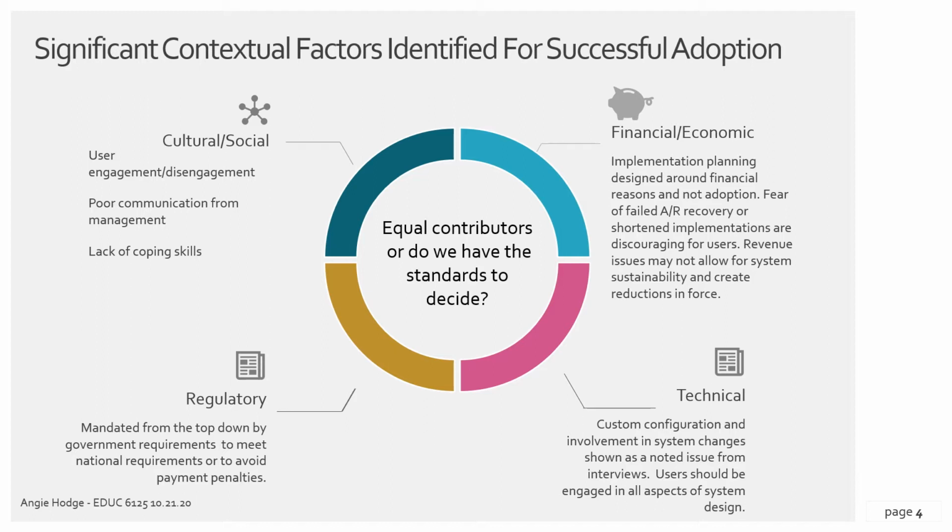In the top right-hand corner, you see financial and economic factors that may come into play. Implementation planning can be designed around financial reasons and not adoption. A fear of loss of productivity and failed AR recovery due to a shortened implementation is often very discouraging for users.